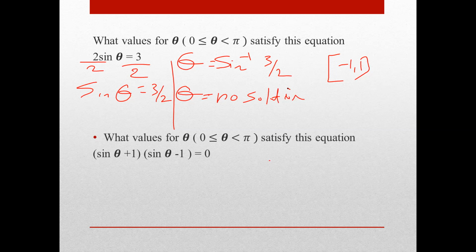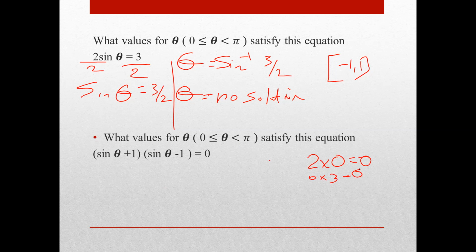What values of theta from 0 to pi satisfy this equation? Sine theta plus 1 times sine theta minus 1 equals 0. How do we deal with it? Do you remember that 2 times 0 is 0, or 0 times 3 is 0? If you multiply any two numbers and the answer is 0, then one of them is 0.